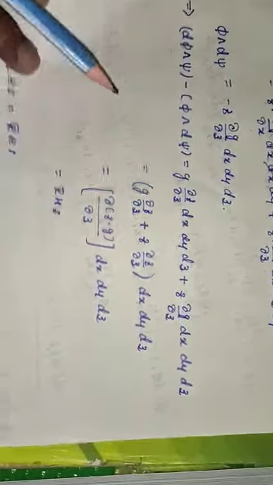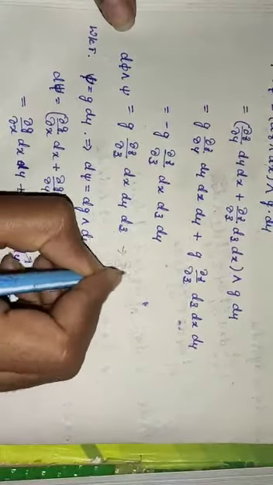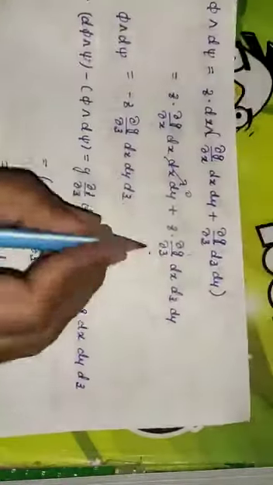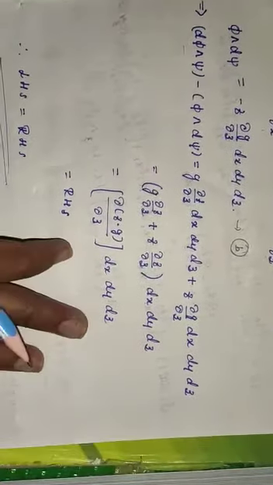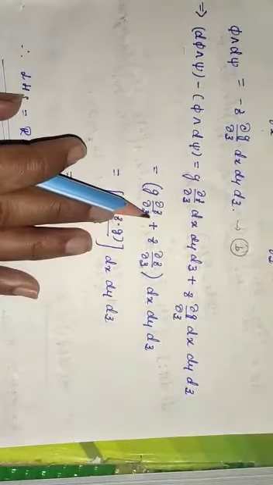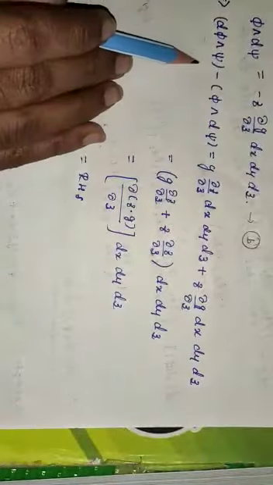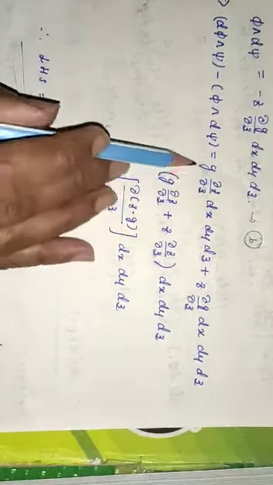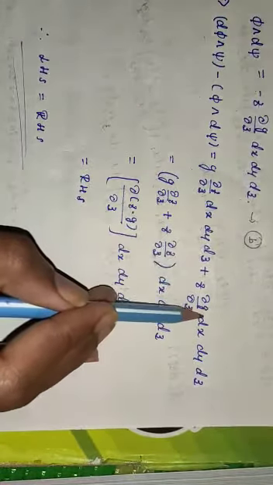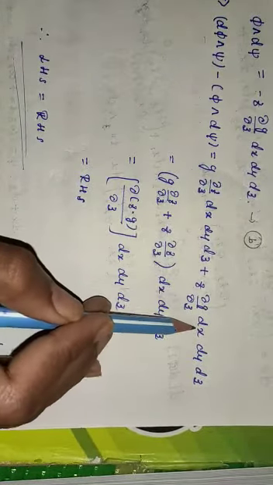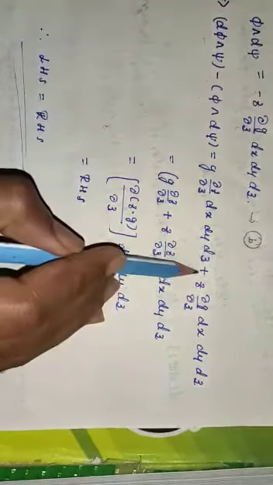So d pi wedge xi means this one, which we call equation A, and this we call equation B. If you get confused, give names to the equations as A and B. So next we have to subtract equation A and B. So d pi wedge xi minus pi wedge d xi is equal to g into del f by del z into dx dy dz plus f into del g by del z into dx dy dz. Here minus into minus gives plus.